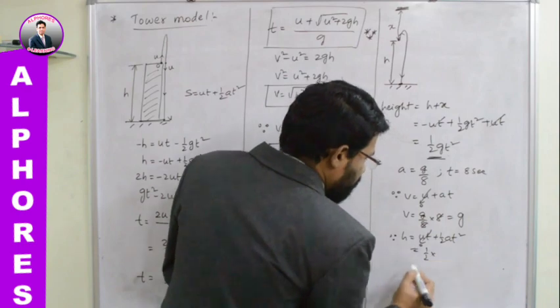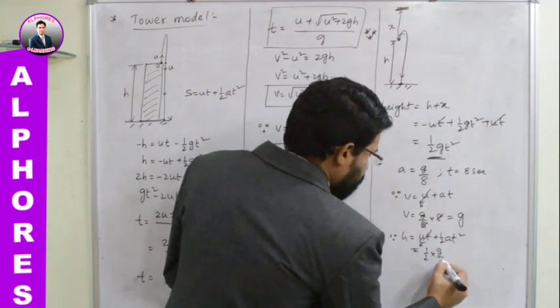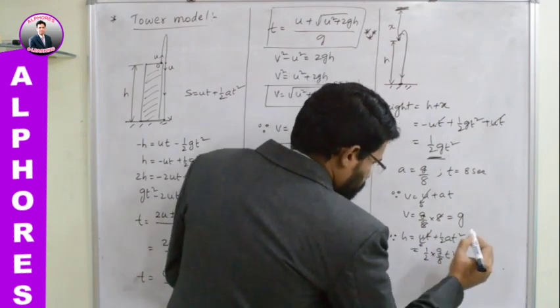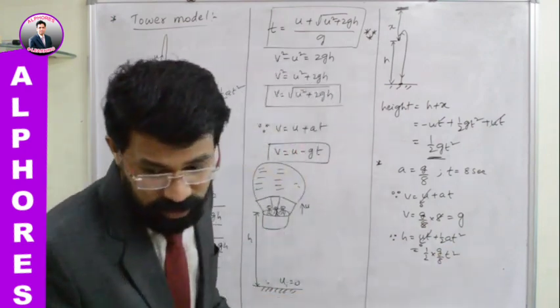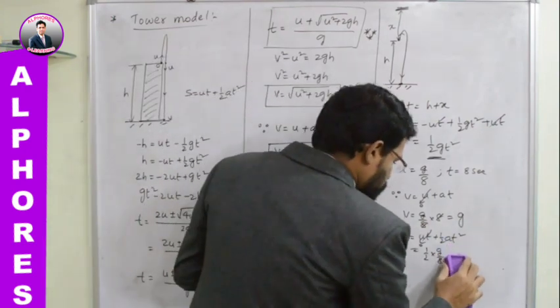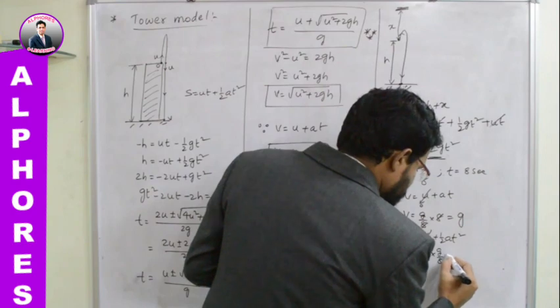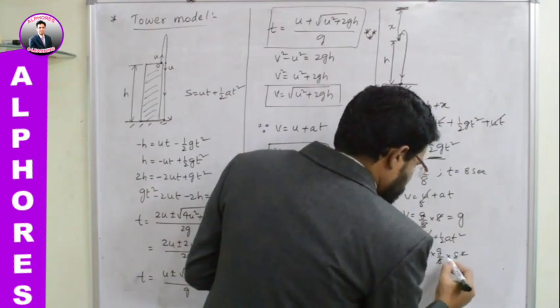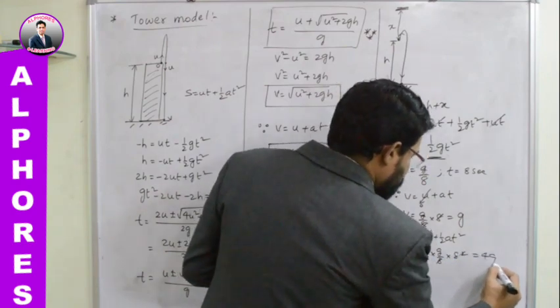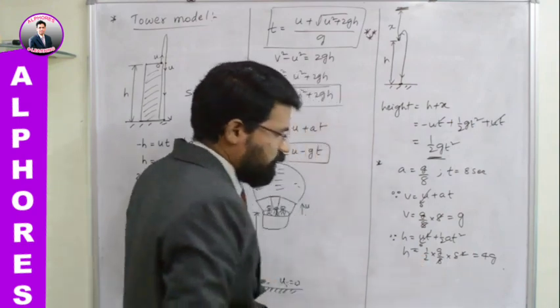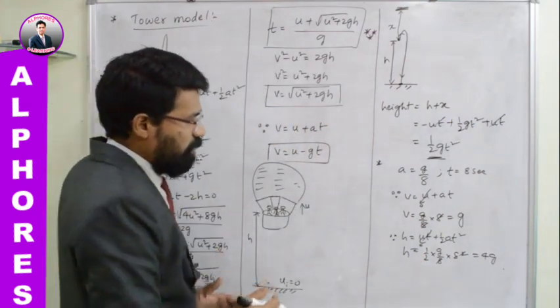Half into a, a is g by 8, into t square, and t is given already, 8 seconds. 8 square, both get cancelled, 2 4s are 8, so 4g is the answer. So height is equal to 4g.